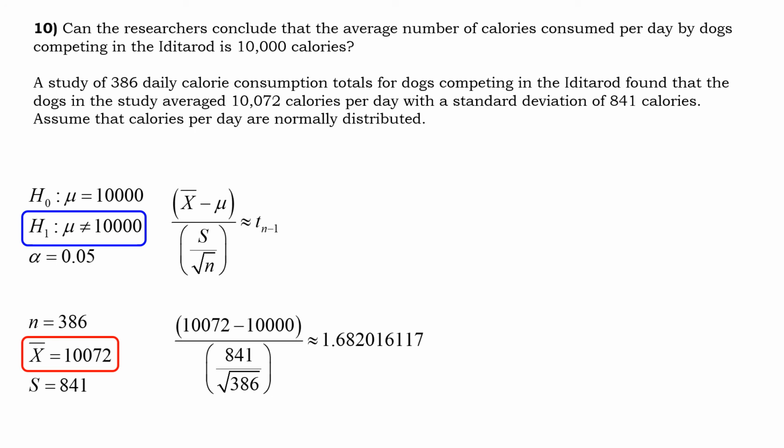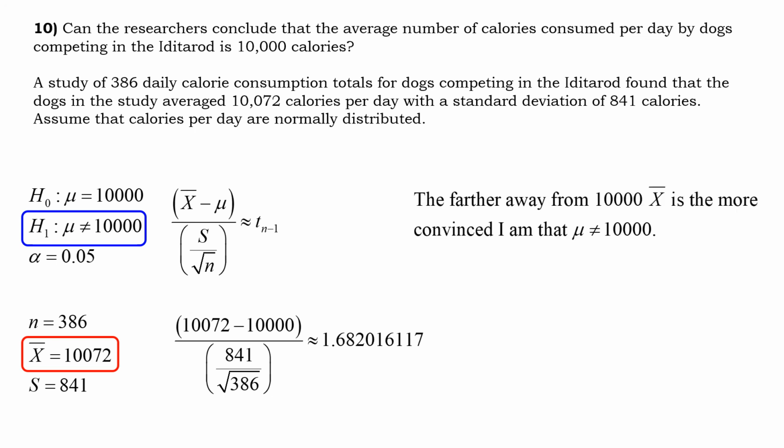So we have some evidence that the average might not be 10,000. How strong is that evidence? That's why we have to go through the test statistic and the p-value formalities. If I want to be convinced that mu is not 10,000, when I take a sample, I need a sample mean, x bar, that is far away from 10,000.